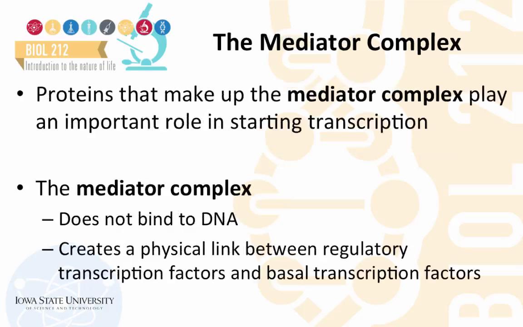In addition to the initiation complex, another complex called the mediator needs to assemble in order for transcription to begin. Proteins that are part of the mediator complex do not bind DNA, but create a physical link between regulatory transcription factors and basal transcription factors.